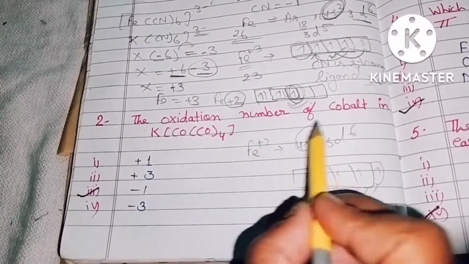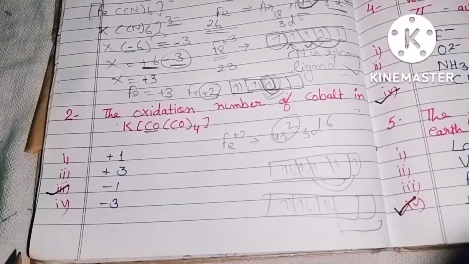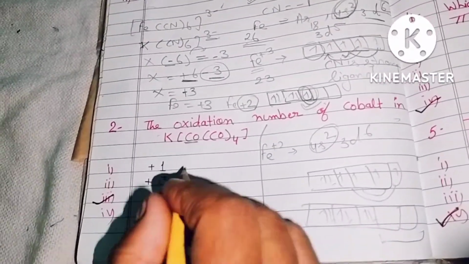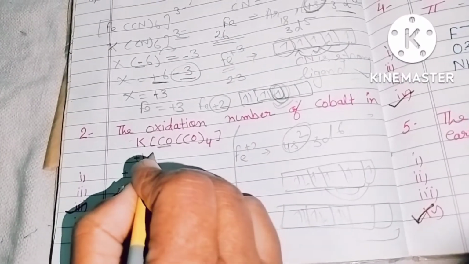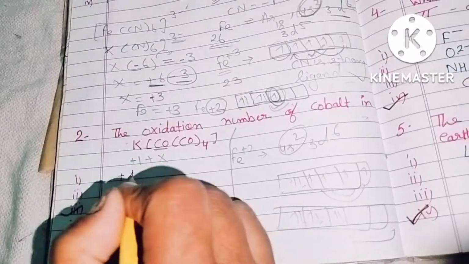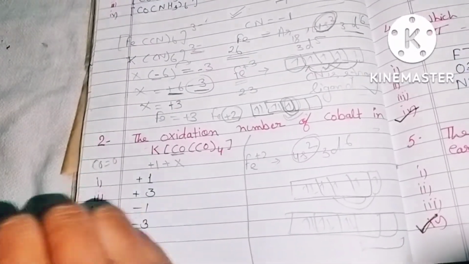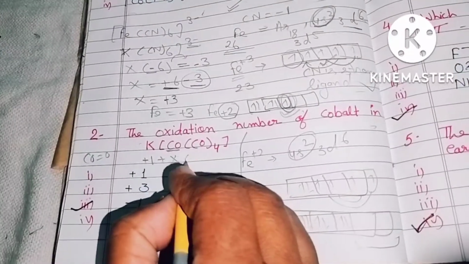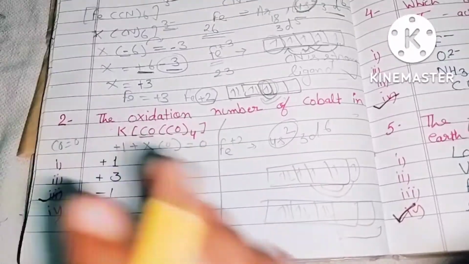The oxidation number of cobalt in K[Co(CO)4]. We find the oxidation number of cobalt as follows: K is plus 1, cobalt is X, and we know CO has 0 oxidation number. So 1 plus X plus 0 equals the bracket charge, which is 0.